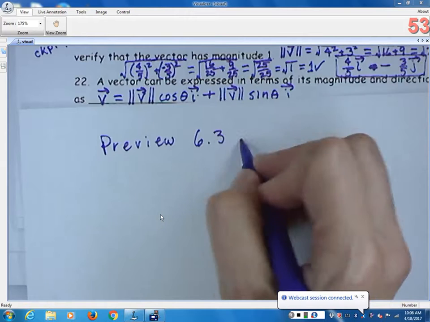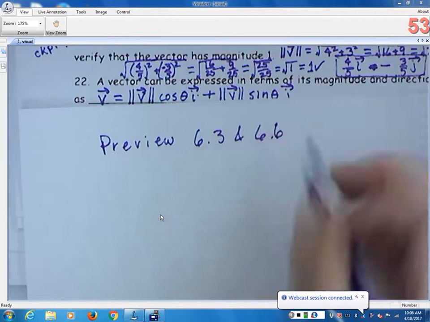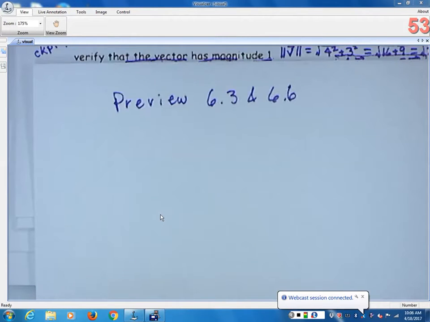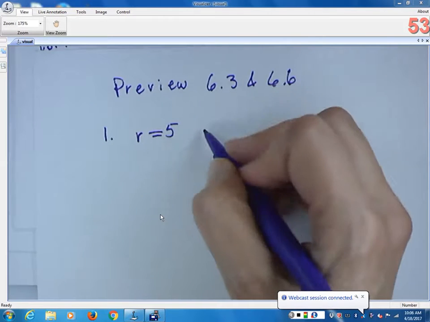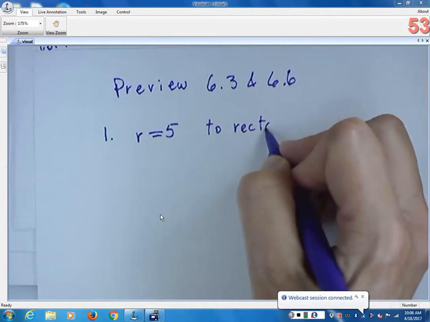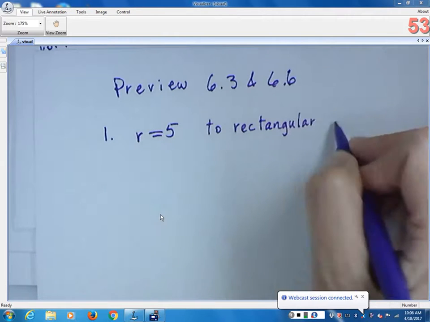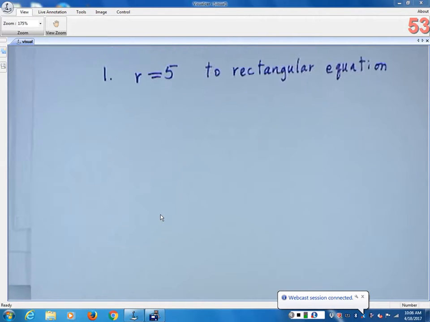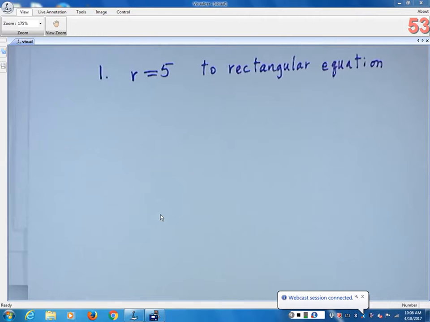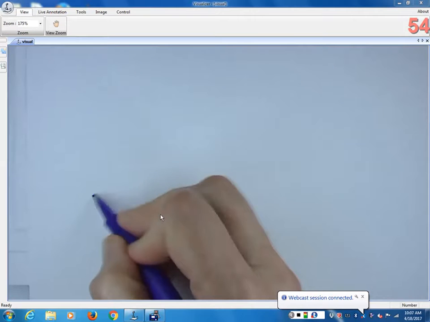You will need to convert r equals 5 to a rectangular equation. And then they have a problem number 2 with vectors. I haven't worked it out, so you can spend a little time working on this, and you can talk to each other about it.